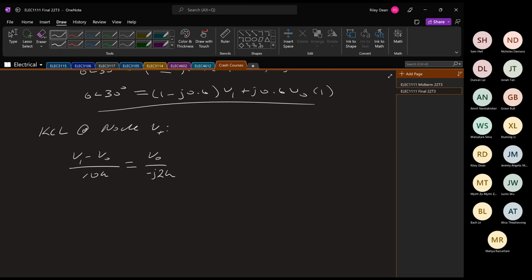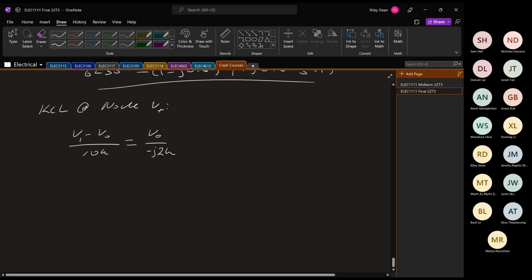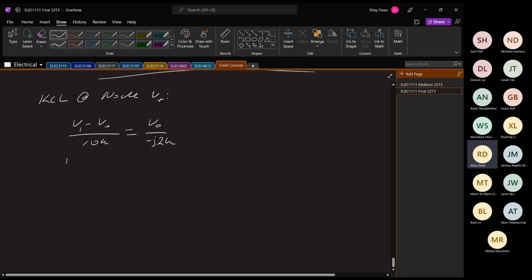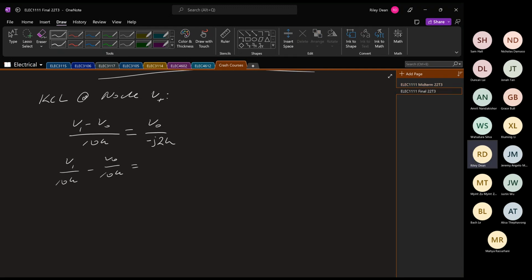This is a much simpler one. So V1 on 10K minus V0 on 10K is equal to V0 over minus J2K.